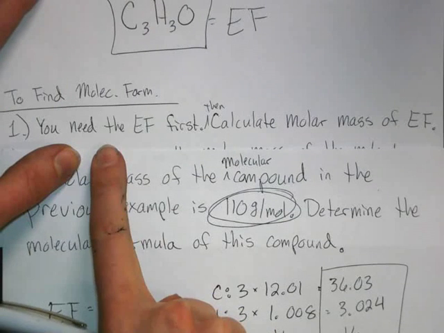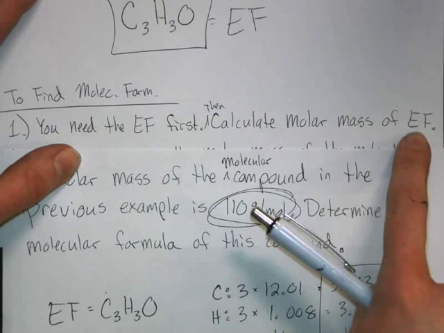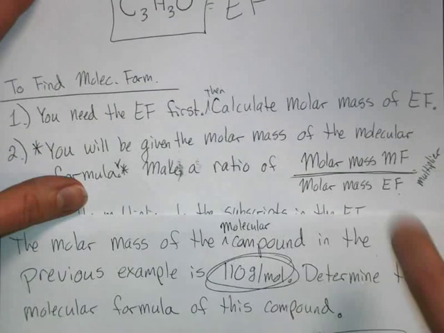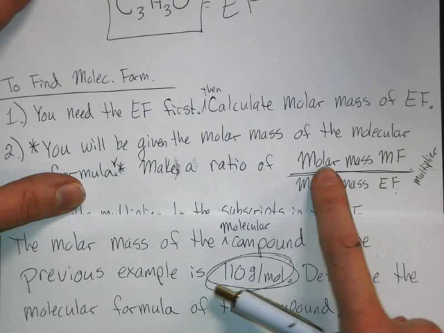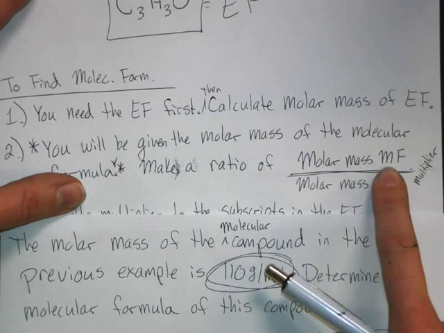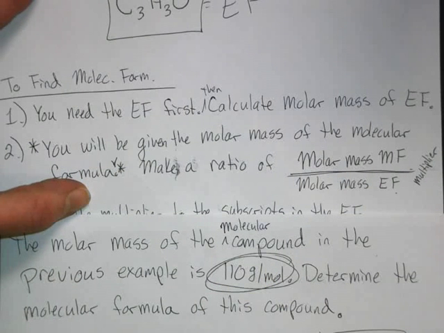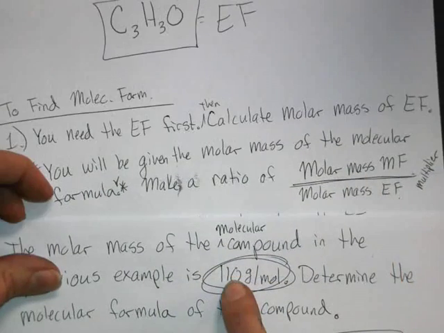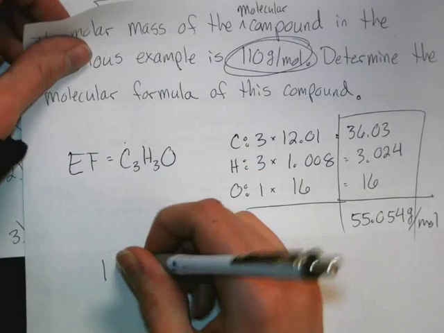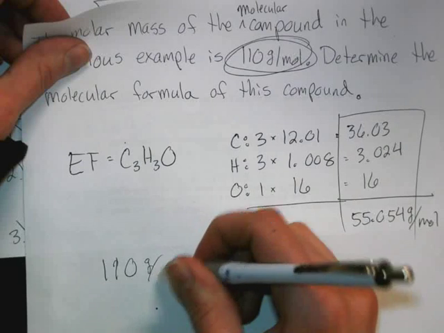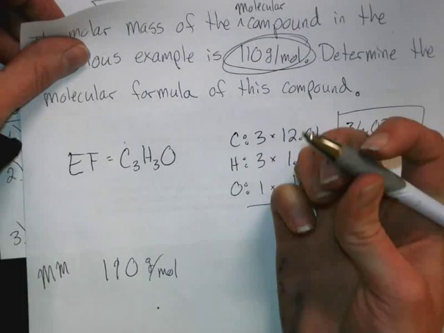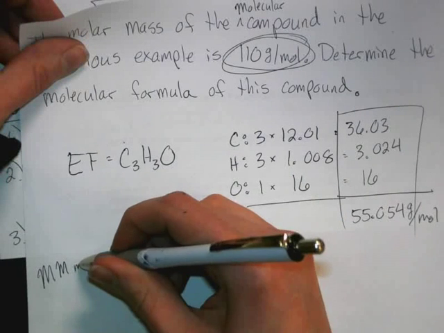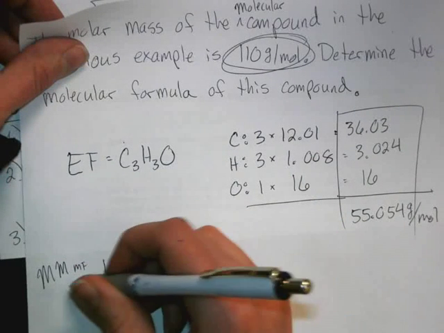That's my first step for my molecular formula. Calculate molar mass of EF. Then I need to do this math, this ratio. So I need the molar mass of my molecular formula. Again, that will be given to you. That is my 110. That is the molar mass of my molecular formula.